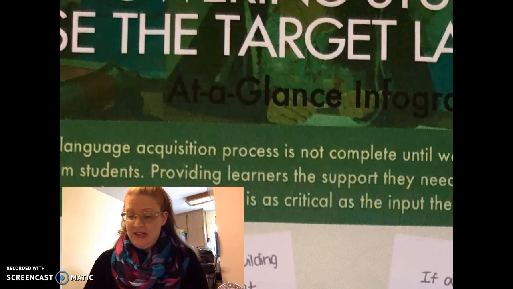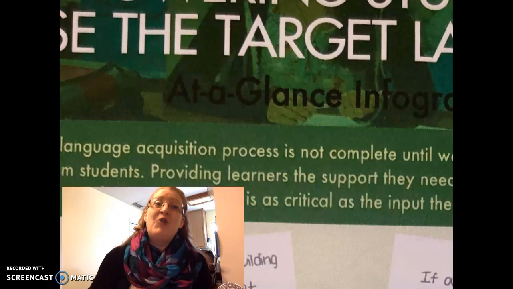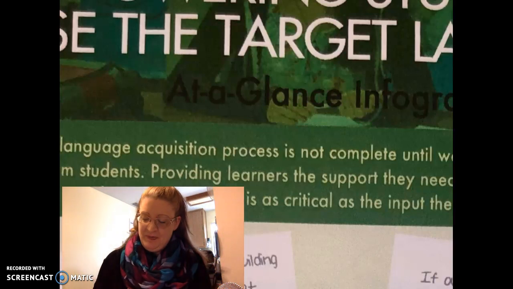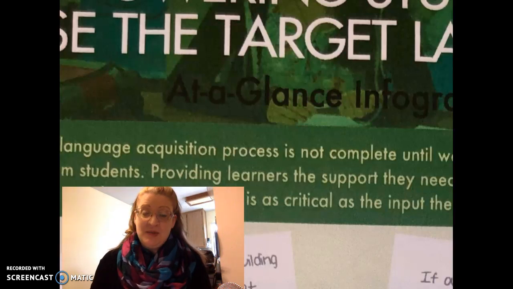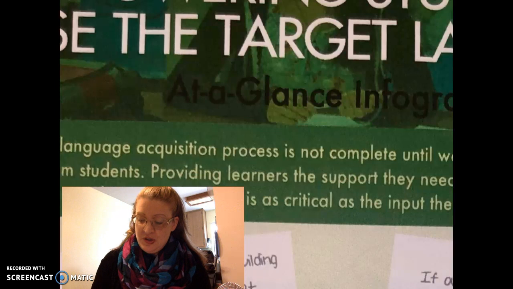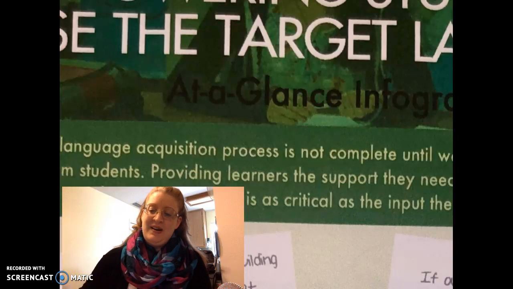For example, have I created a safe learning environment where students are willing to take risks? Or did I provide sufficient input before asking them to produce output? And do I provide supports that encourage students to stretch their application of learning and use the target language? We will talk about these questions one at a time.